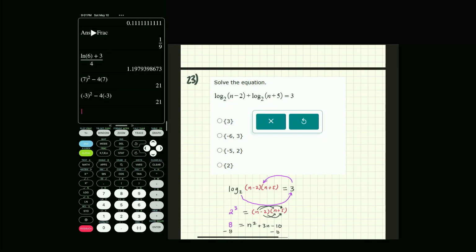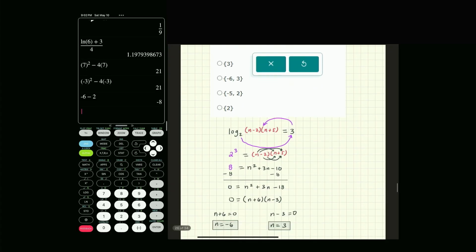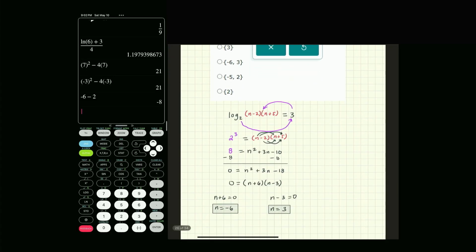If it doesn't work in either of those, it doesn't matter which one, then we have to throw our answer away. So let's plug negative 6 in here first. That's negative 6 minus 2, that's a negative 8. Not going to work. Remember, we can't get a negative number. We can't get 0. In this case, we got a negative 8, which is a negative number, so that's out. Negative 6 didn't work for us.